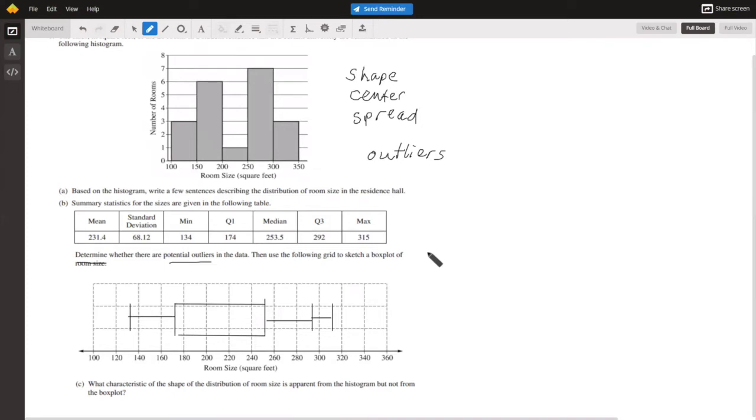Isn't it like Q1 minus 1.5 times IQR and then Q3 plus 1.5 times IQR? Exactly. So if we get something less than this or greater than this, we got outliers.